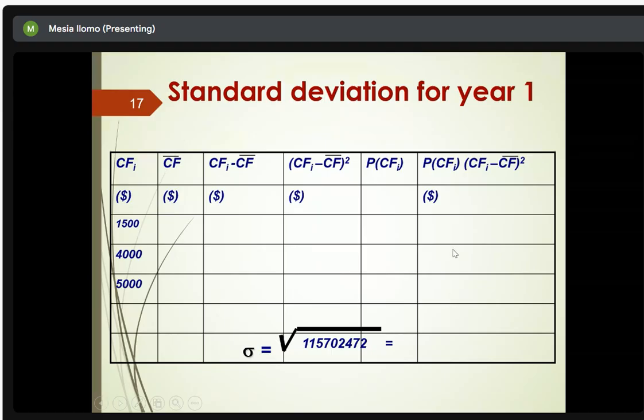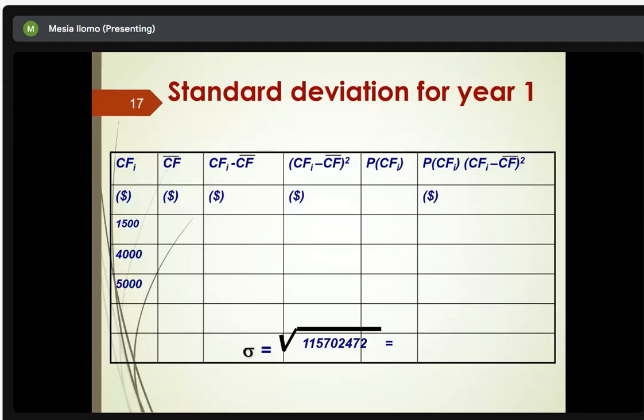If you add this, what is the total? 1,510,500. Okay. For year 2? 7,586,875. For year 3? 9,750,000.